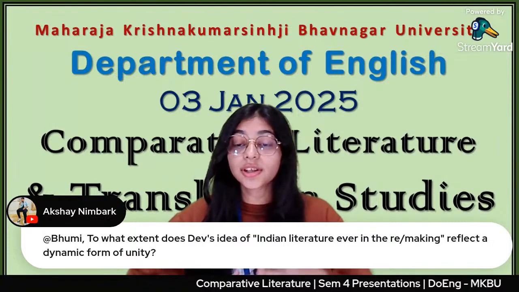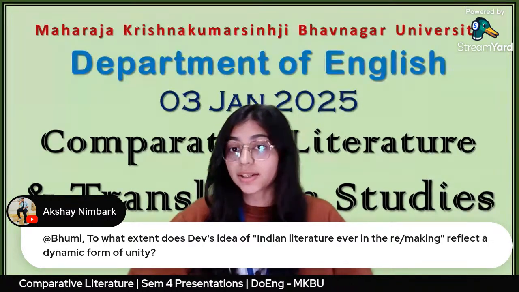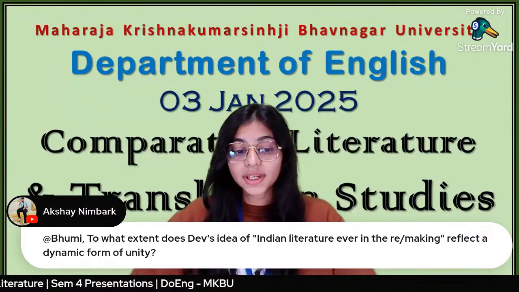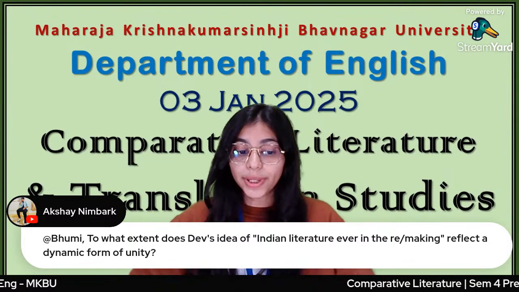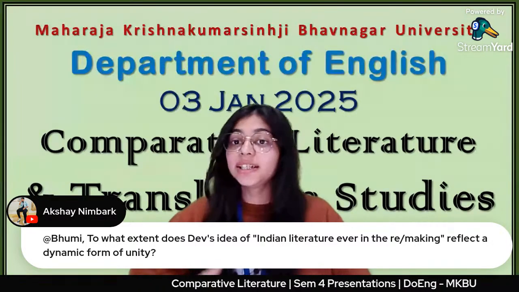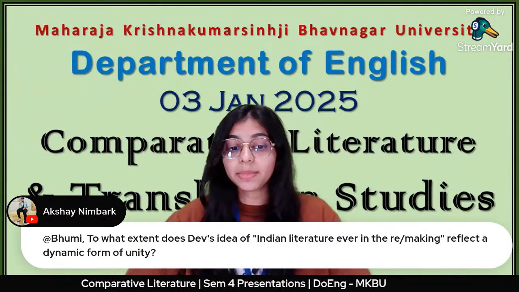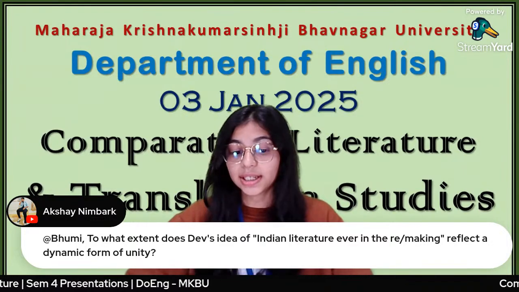All the literatures influence each other through their literary forms, their genres, their thematic concerns, and their subject matter. Because of this influence, we see this dynamic form of unity, that they are interconnected and they are one, but at the same time we cannot generalize them under one category.